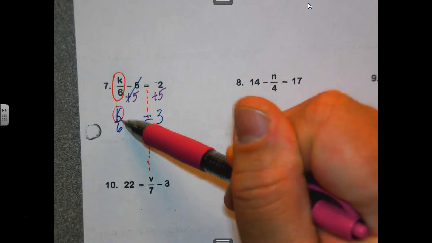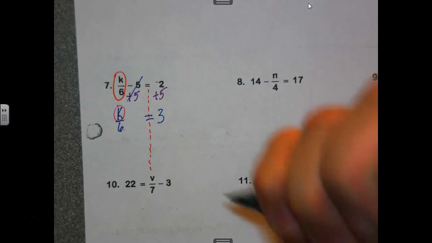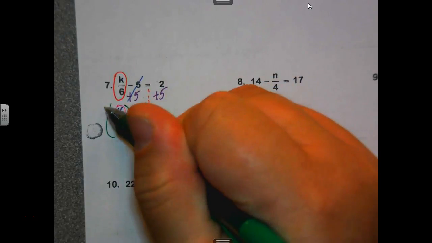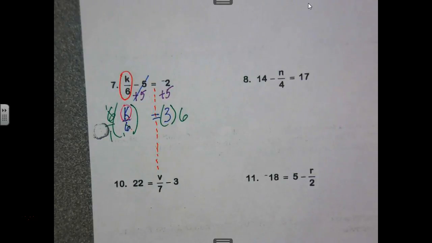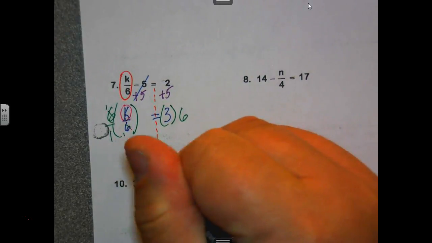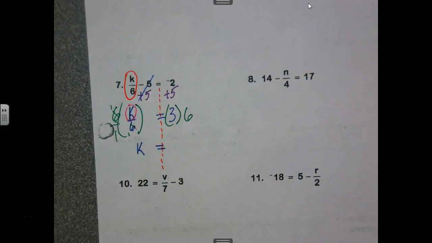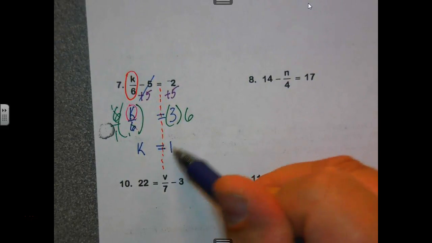It's being divided by 6, so I'm going to multiply by the denominator 6, or 6 over 1, however you want to think about it. My 6 is canceled to 1. 1 times k is just k. And 3 times 6, 18.